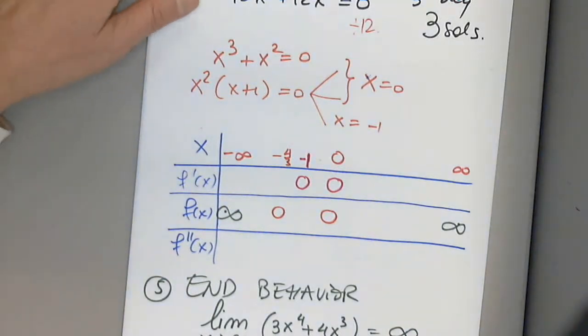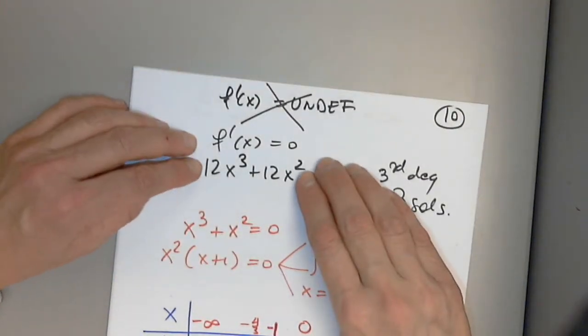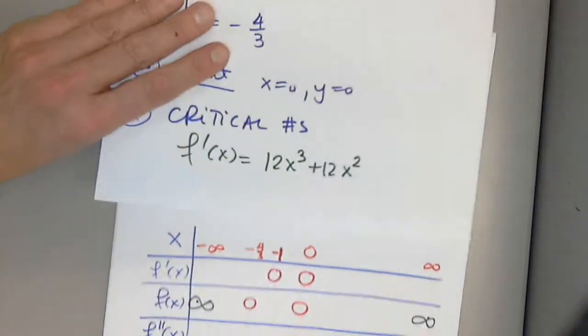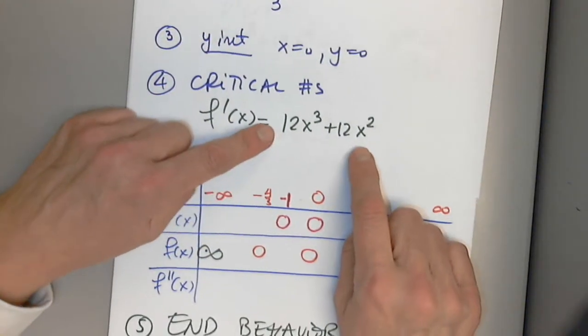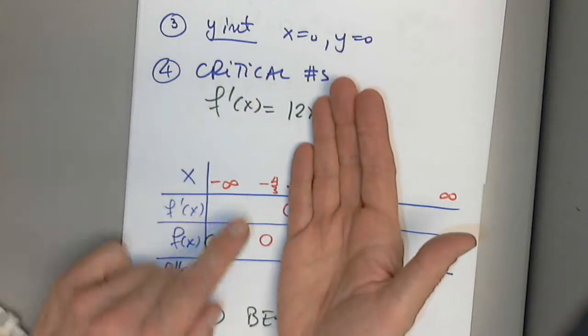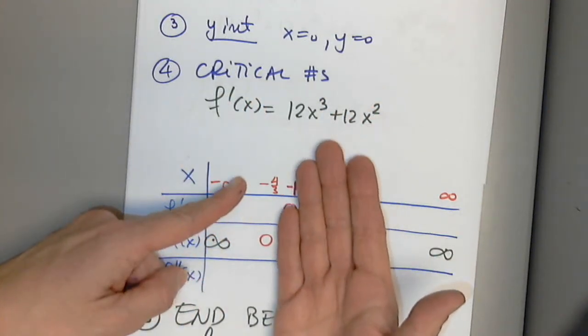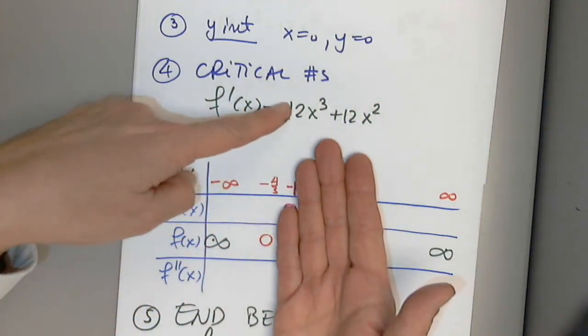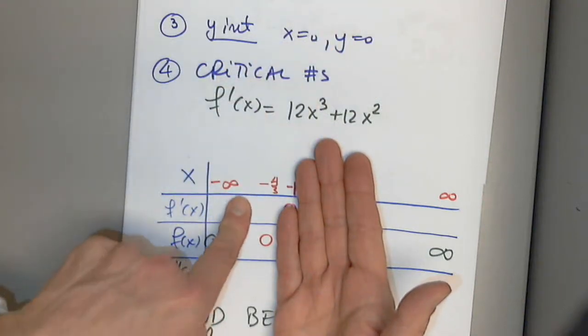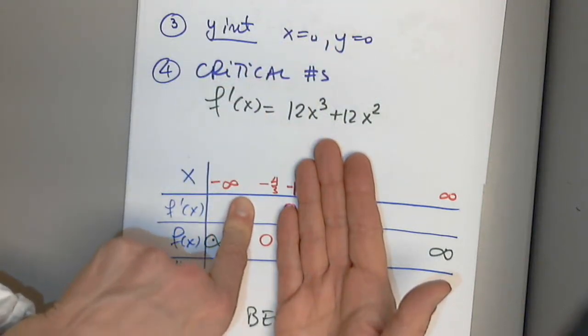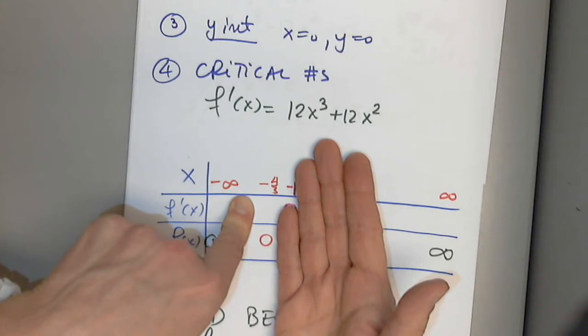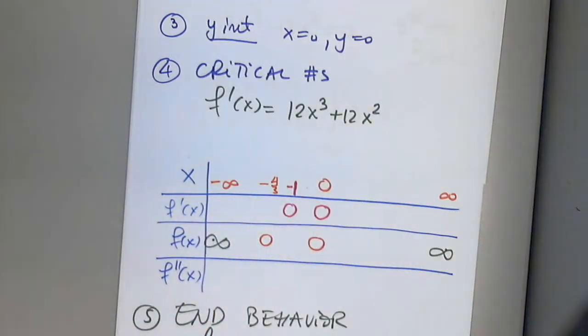Now I need to study the sign of the derivative. Here's the derivative. Please plug in a number like -5 and tell me the sign. -5. Negative. Exactly. No questions.